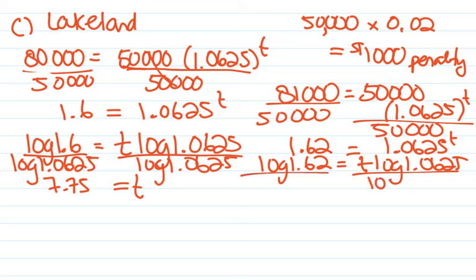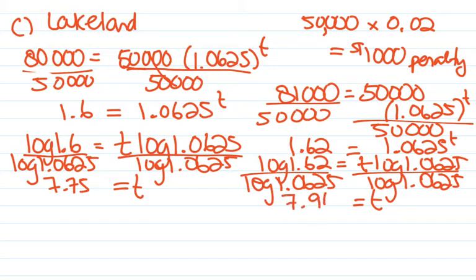Isolate t, divide both sides by log 1.0625. So if you put this into your calculator, log 1.62 divided by log 1.0625, you will get t equals 7.96. So it'll take 7.96 years to get $81,000, or the $80,000 that they need from Lakeland.